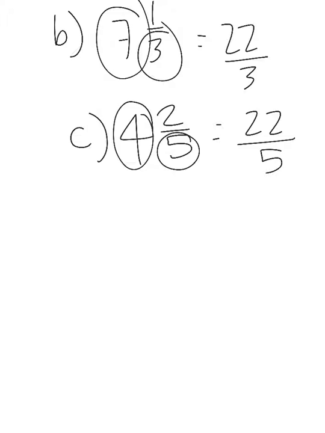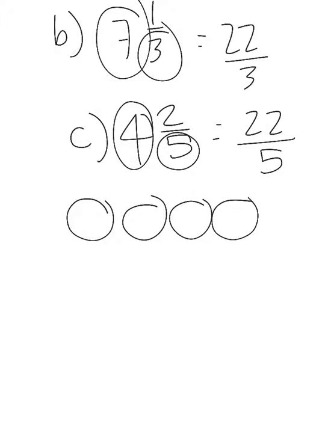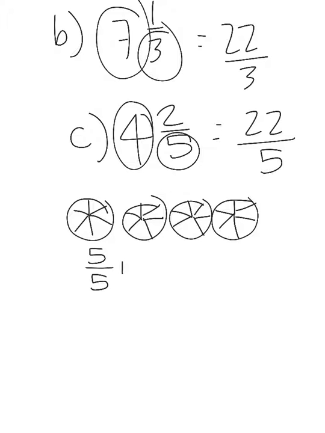So just remember that if we put that in a diagram, I'm going to have 4 pizzas, 1 2 3 4, and they are all divided into 5. Like that. Okay, and I'm going to have all 5/5 of the first one, 5/5 of the second one, 5/5 of the third one, and 5/5 of the fourth one.